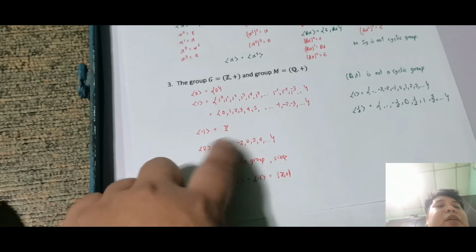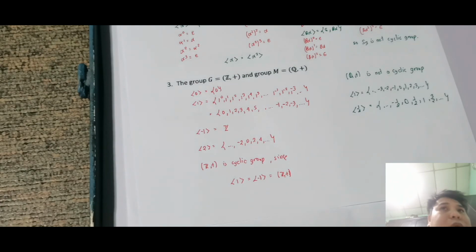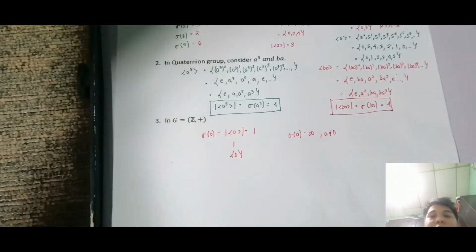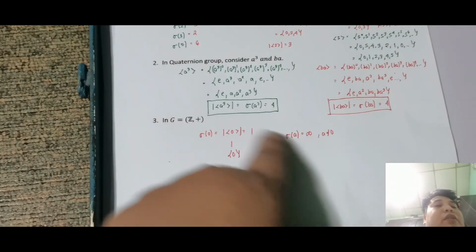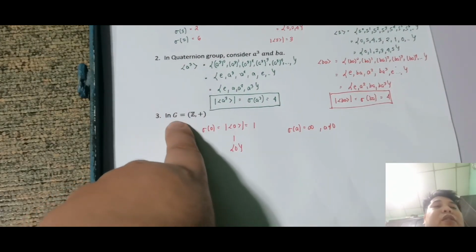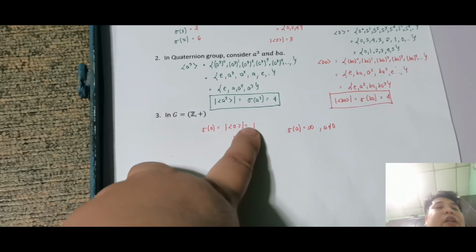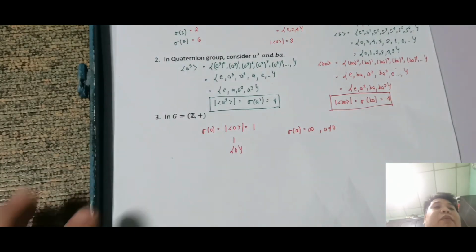Cyclic subgroup generated by 2, infinity. Kumbaga multiples. Cyclic subgroup generated by 3, 4, 5, 6, 7. So kumbaga mapurang multiples ng mga number. So therefore, lahat ng order of A is infinity for A is not equal to 0. Kasi ang nag-iisa lang na may order dito na finite is the identity element, which is 1, yung order niya. Pero lahat ng element dito is just the order niya is infinity.